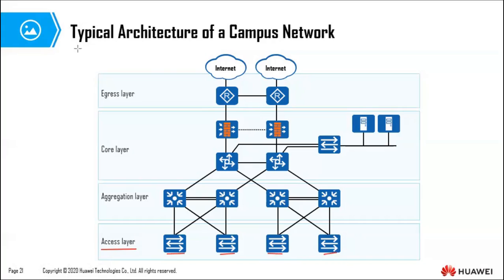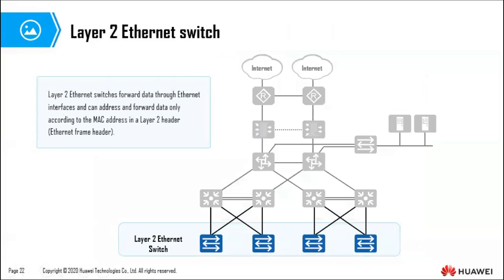We don't use layer 3 switches for the access layer. These switches are also referred to as layer 2 Ethernet switches. As I said again, they are the ones closest to the end users and are used to provide connectivity to the end user devices.